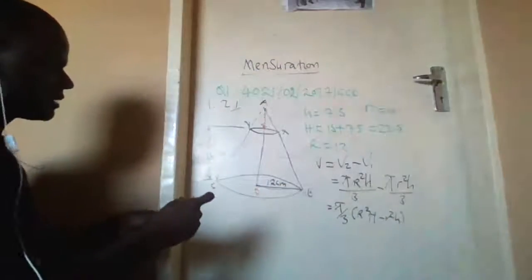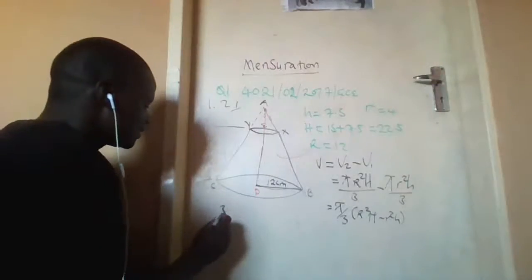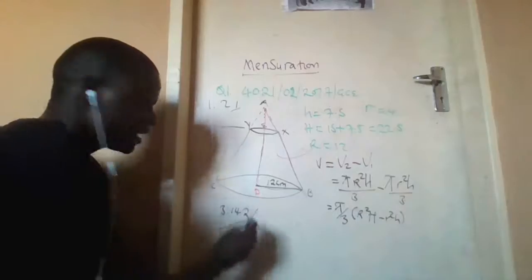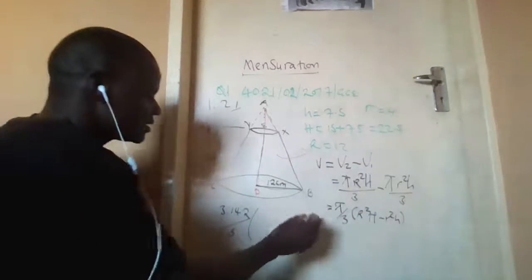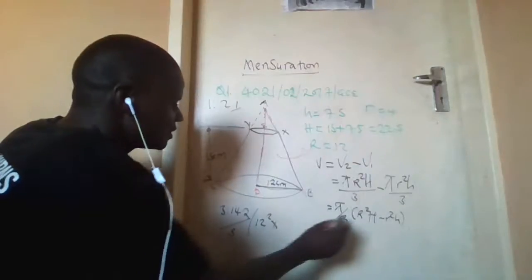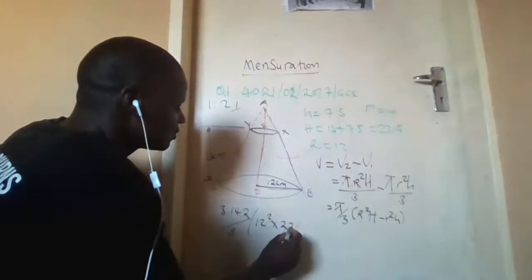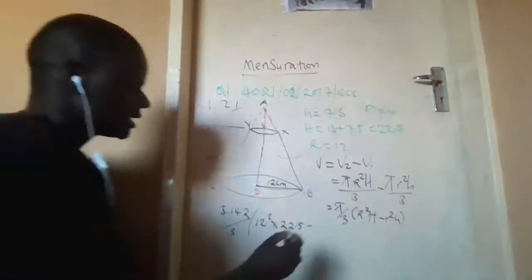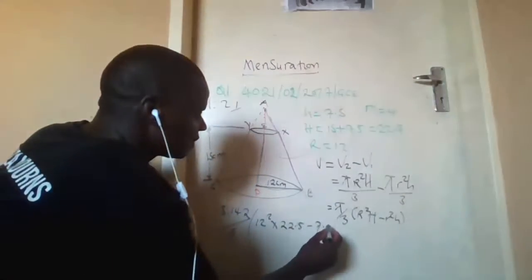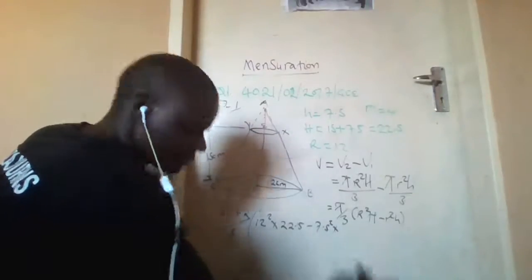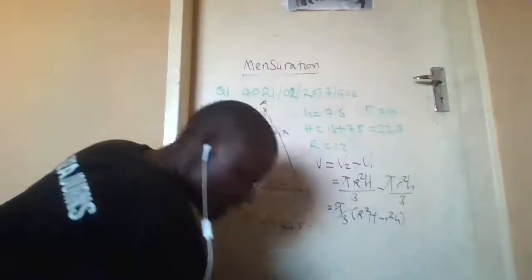Then from there, we just substitute. What is pi? It is 3.142 divided by 3 outside. Then inside, the big radius is 12 squared times the height, 22.5, minus the small radius, sorry, the radius is 4.